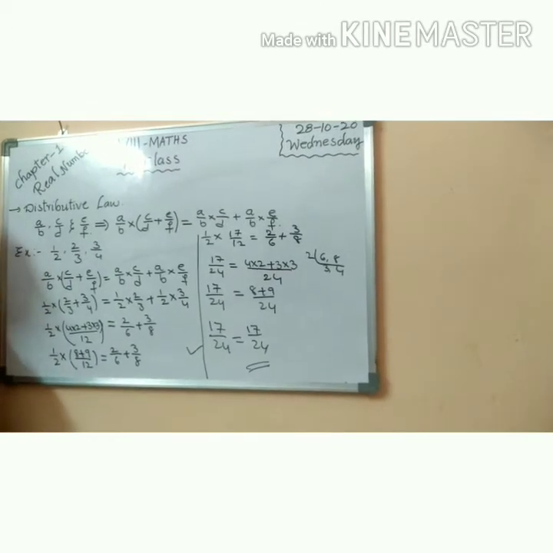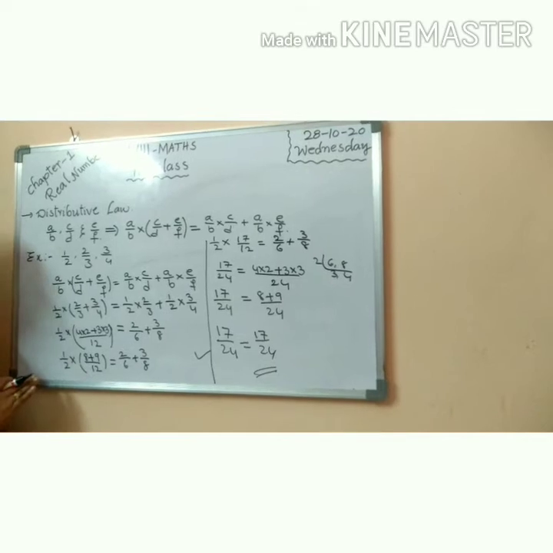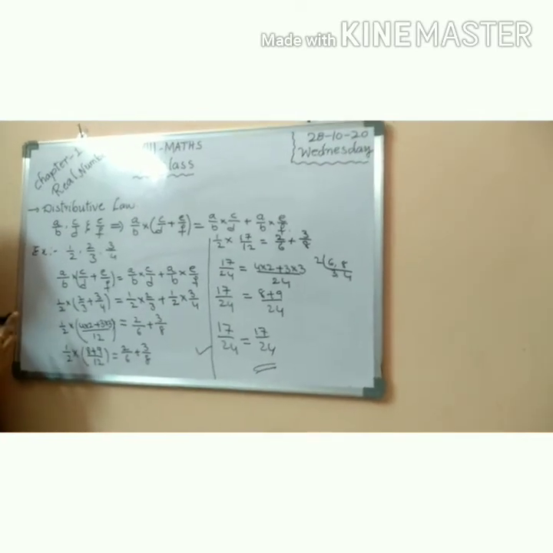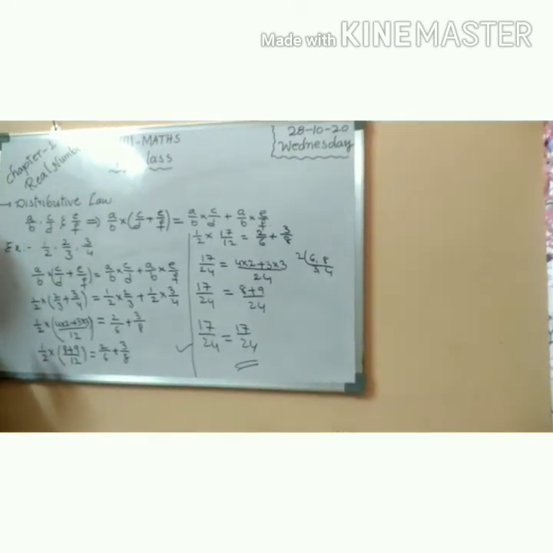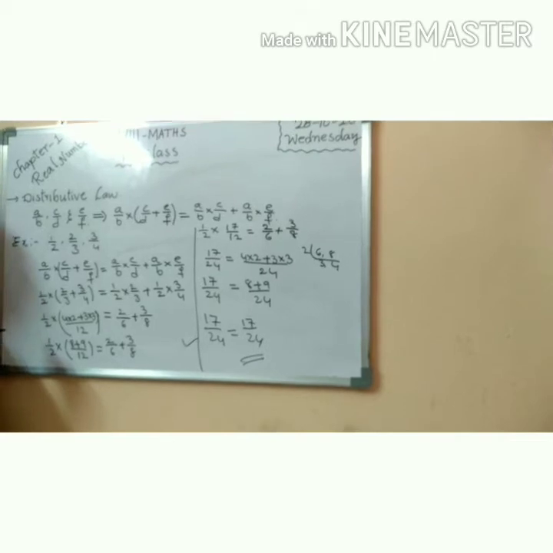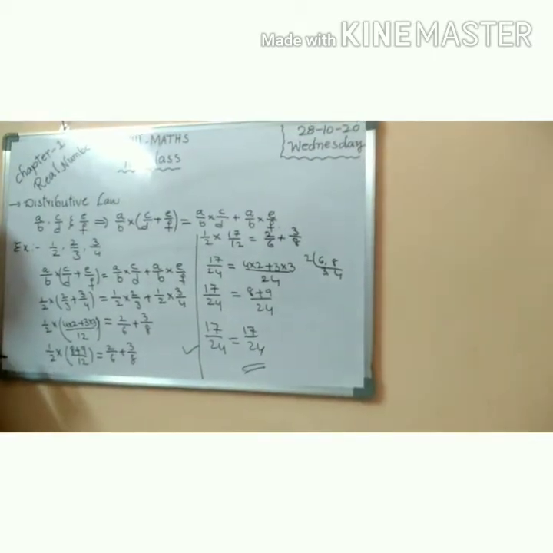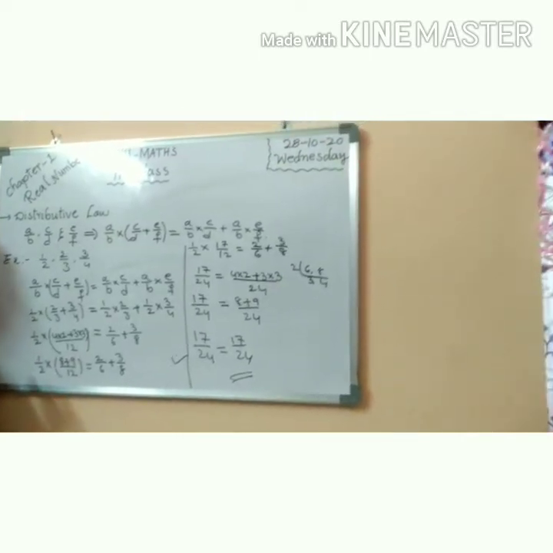Okay children, did you understand? These are the multiplication properties. What are the multiplication properties? Closure property, associative property, commutative property, existence of multiplicative identity, existence of multiplicative inverse, and distributive property of multiplication over addition.